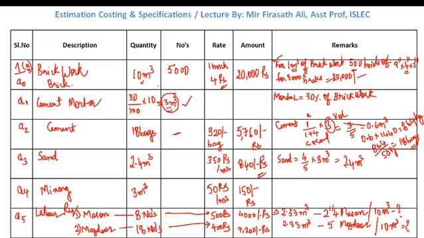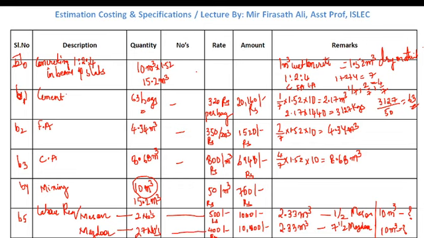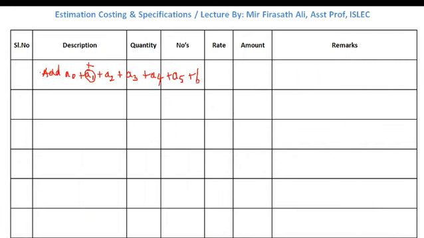A1 we don't have any rate for, so remove this. A0 plus A2 plus A3 plus A4 plus A5, plus B1 plus B2 plus B3 plus B4 plus B5. B0 we don't have any data. We need to add all these rates to get the total value.